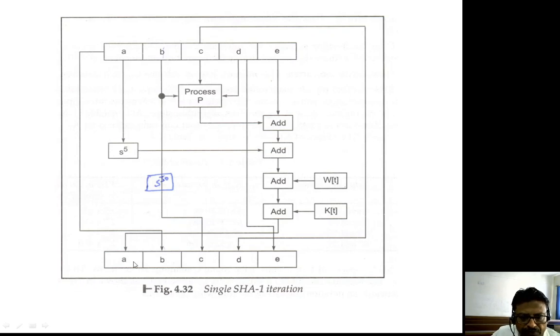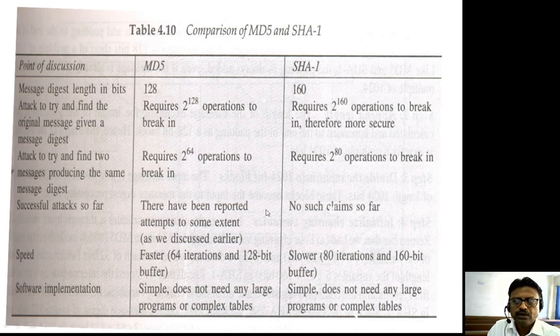So we have 4 registers, and each register contains 32 bit. So 32 bit, 32 bit, 32 bit, 32 bit is counted as 128 bit. But in this case we are also using another register E, so the total value becomes 160 bit. So that is why it is 160 bit.